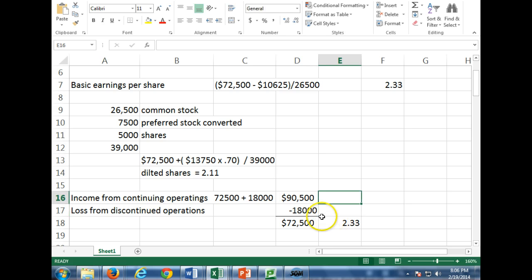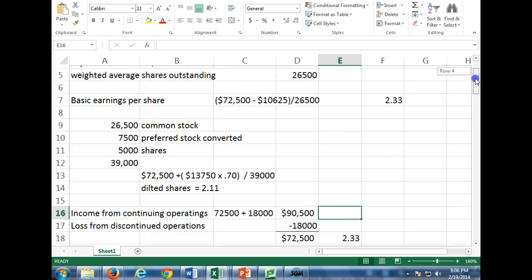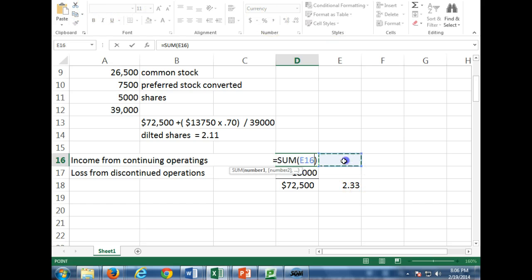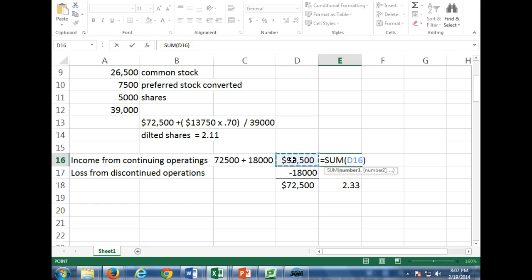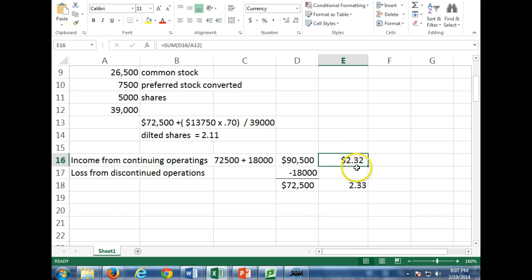The only thing we have to do differently here is take our shares of 39,000, and divide 90,500 by 39,000. What did we get?